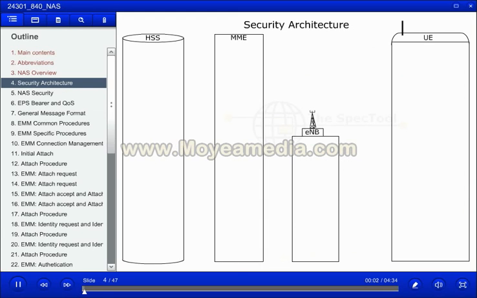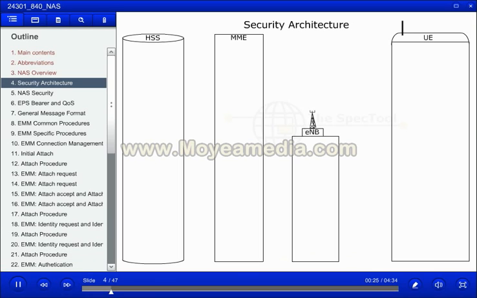The security procedure starts with the UE sending up its IMSI or corresponding ID. From the IMSI, the MME will derive the user's operator HSS. The IMSI will be signaled to the HSS.